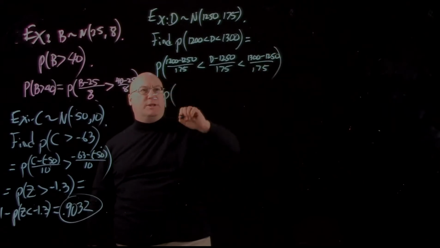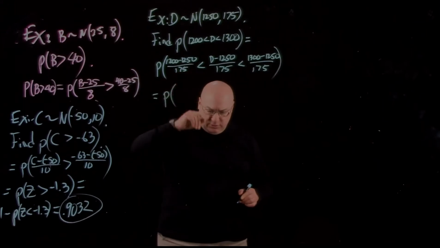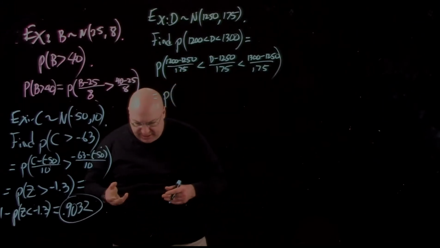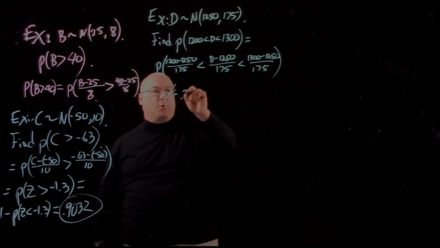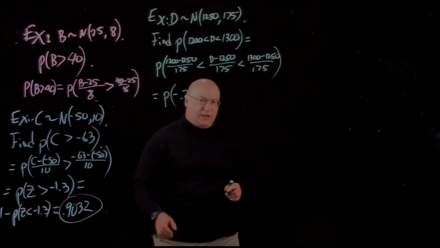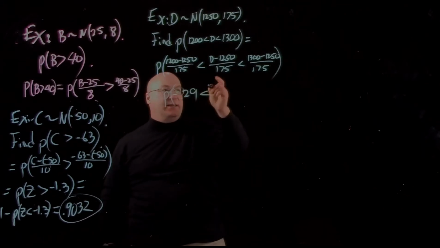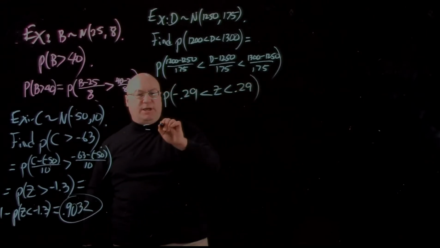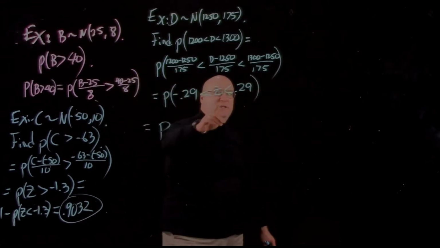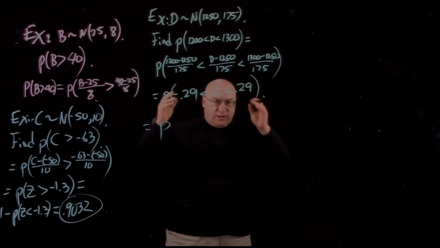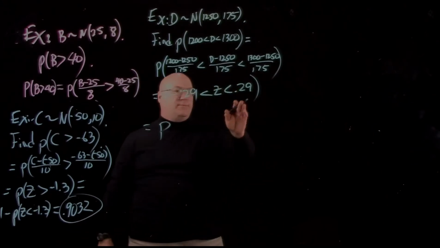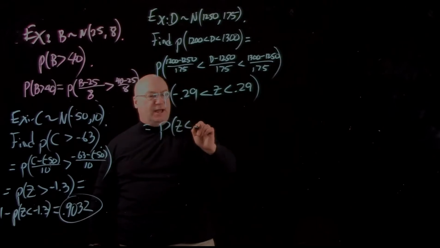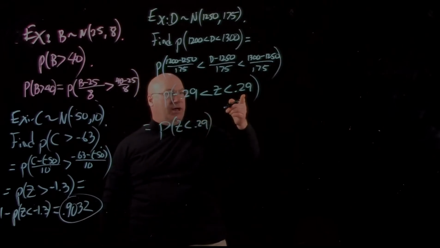I get the probability of, when I compute that, after I simplify it, I get negative 0.29 is the closest I'll be able to get in my table, less than Z, less than 0.29. So how do I do the probability that Z is between two values? I could draw the picture again. I'm not going to do that. I want to get the probability that Z is to the left of this one.